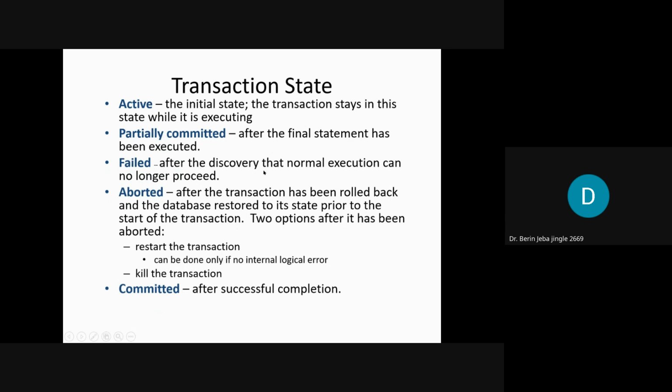Failed means after the discovery that normal execution can no longer proceed. That is called failure. Aborted means after the transaction has been rolled back and the database restored to its original state. Then there are 2 options after it has been aborted: restart the transaction or kill the transaction.